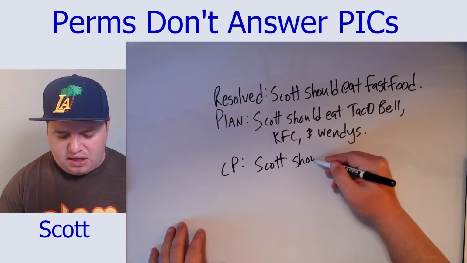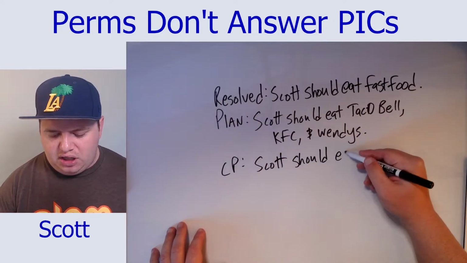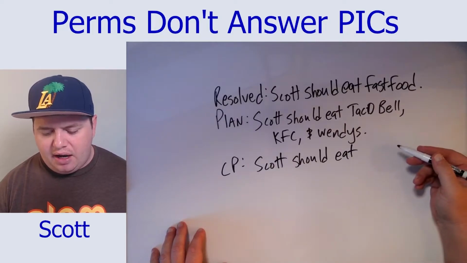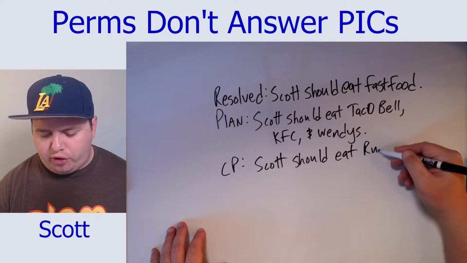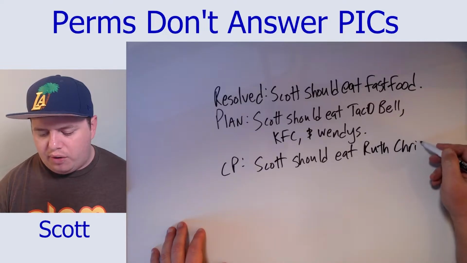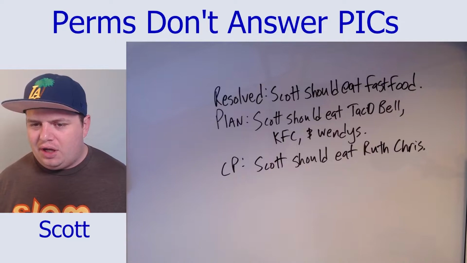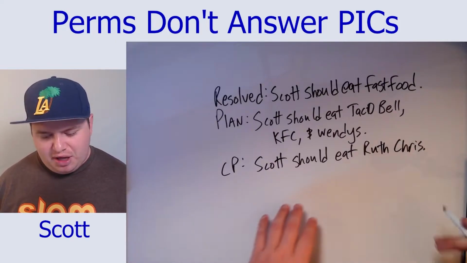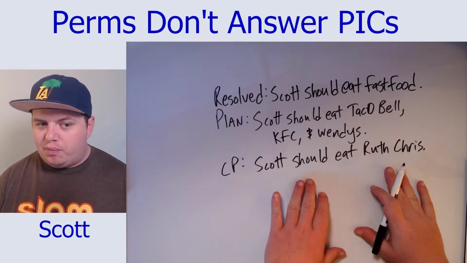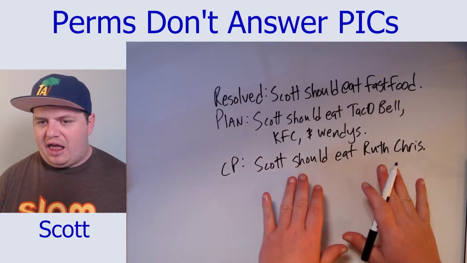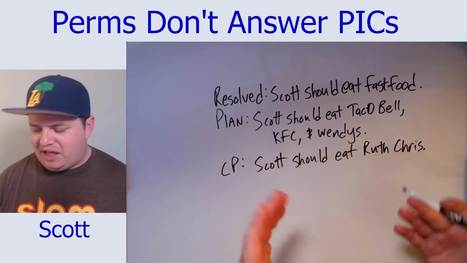So maybe instead of that, I should eat at Ruth Chris. If you don't know what Ruth Chris is, it's a really expensive sit-down chain steakhouse that would definitely not be fast food. But this is not a PIC. This is just a counterplan.